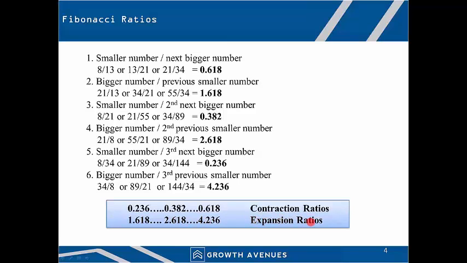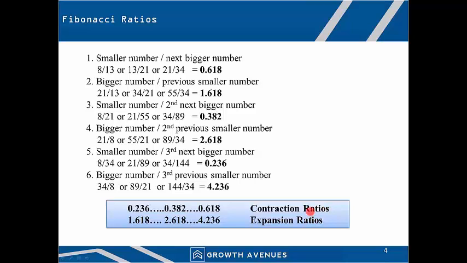In contrast to that, 0.236, 0.382 or 0.618 are all less than 1, and therefore they are all contractions of 1, and therefore they are all called contraction ratios, right? Why am I saying 1? Because anything and everything is 1. You take something and divide it to get contraction.